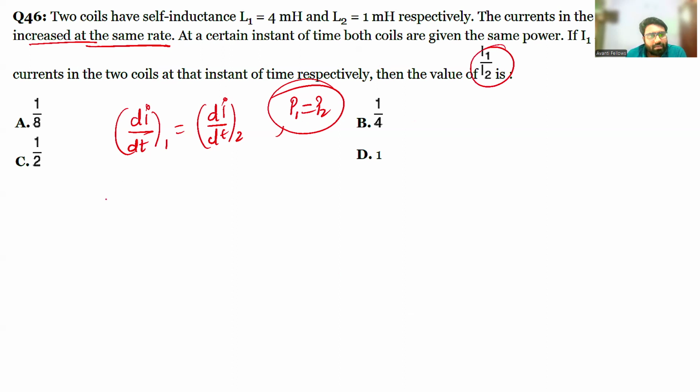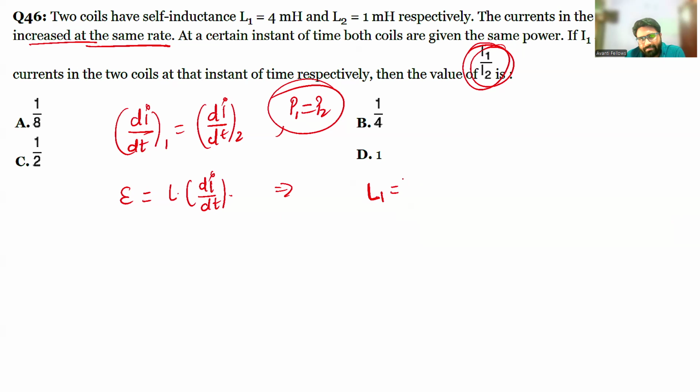Okay. Now we know that the EMF due to self induction is given by L into di by dt. Okay, now what is power? Because we want to calculate the ratio I1 by I2, we will take this L's, because it is different for different coils.